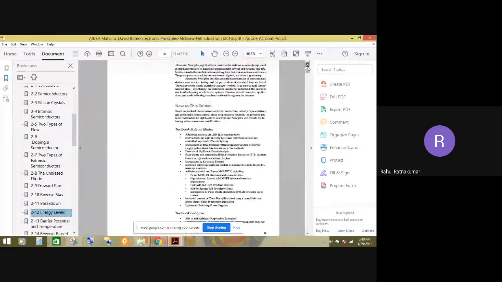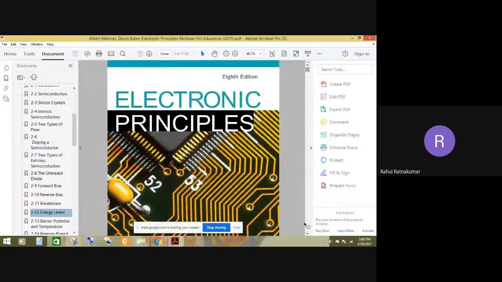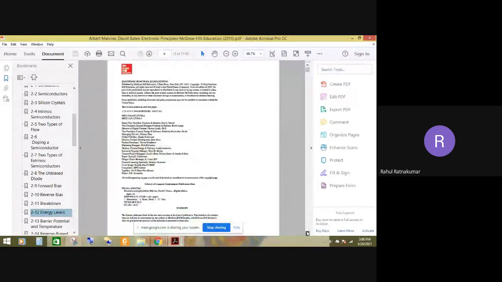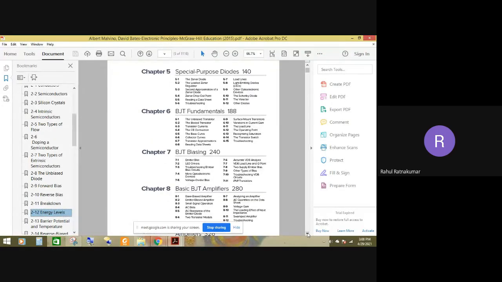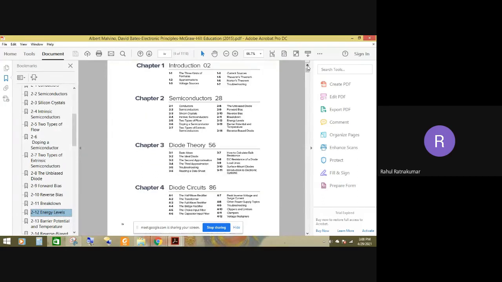I think you can read it, and this book is very nicely written. There are no complications. Whatever minimum you require is given, and I don't think anyone will have any difficulty. Then diode theory is there. Although there are no complicated circuits, simple modeling is explained.